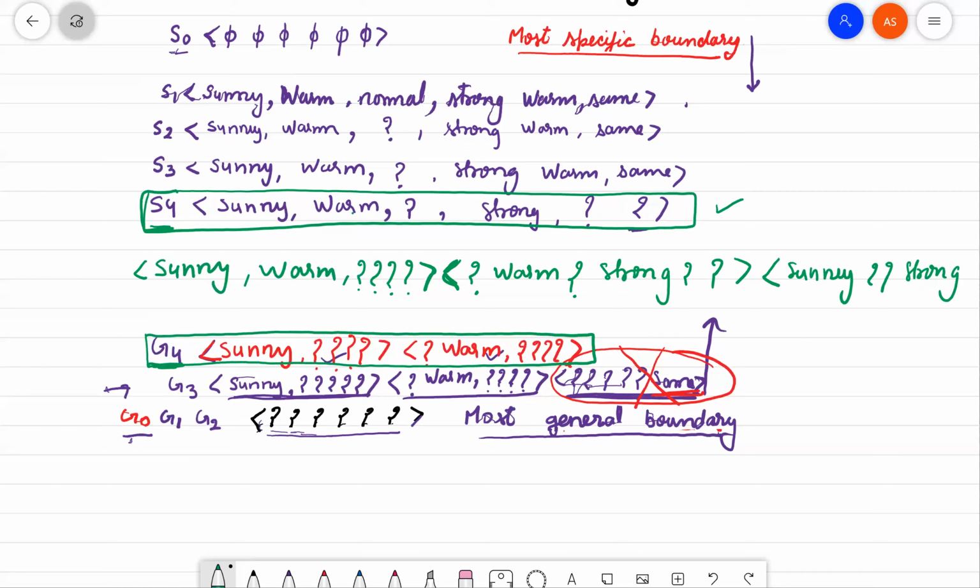We are writing sunny, strong here, and the remaining question marks. We can generate these intermediate hypotheses also, but please take care that these should be consistent with each other.